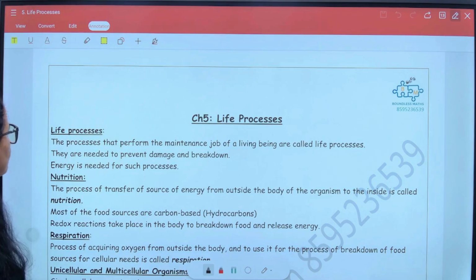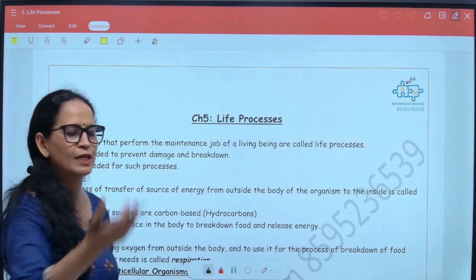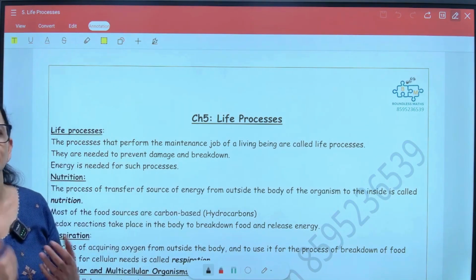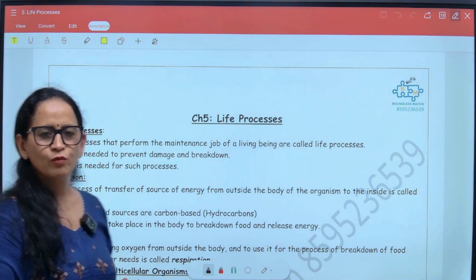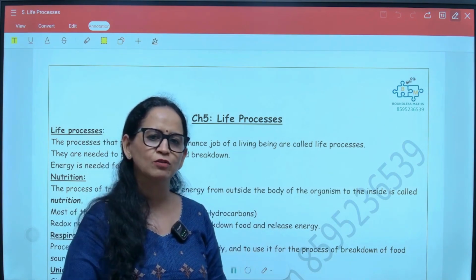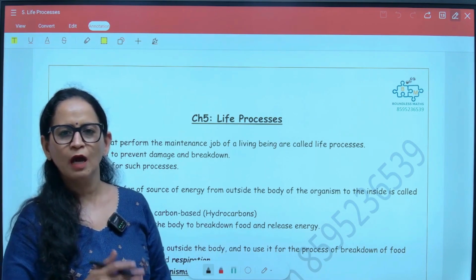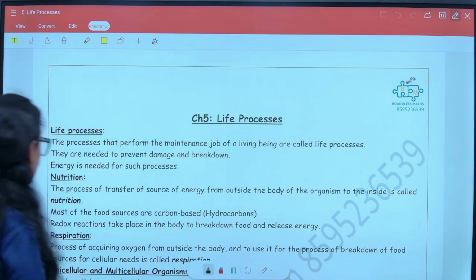So to begin with, what is nutrition? It is the process of transfer of energy from outside of an organism to inside in the form of food, and the food that we eat is normally carbon based. So we eat food that is also known as hydrocarbons, made up of hydrogen, carbon and oxygen, which are further broken down to give energy to us, right? So this is nutrition.